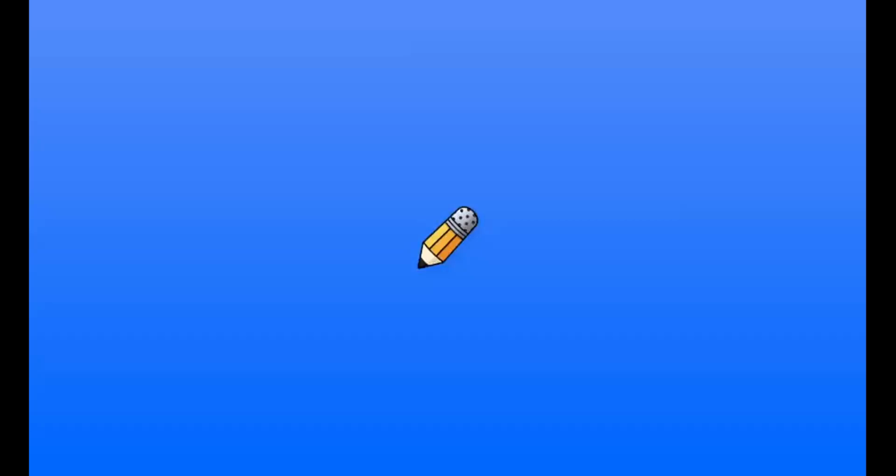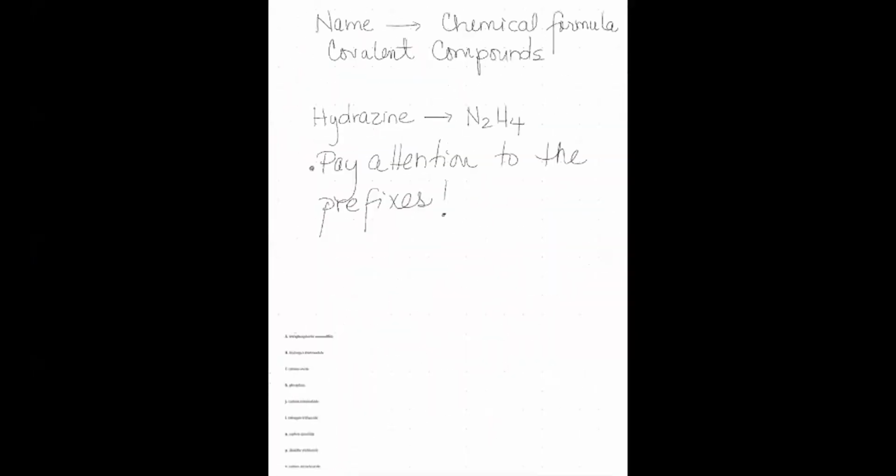So when it comes to Lewis structures, understand that here we're going from name to chemical formula.